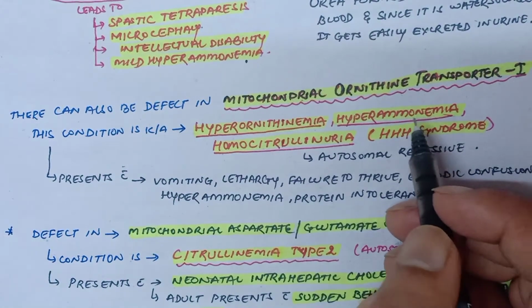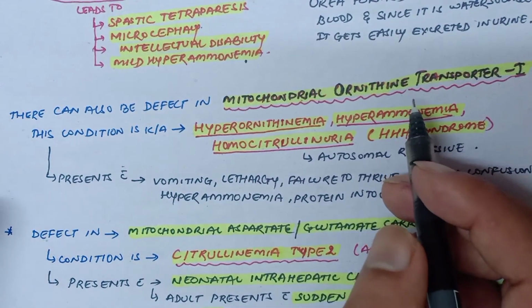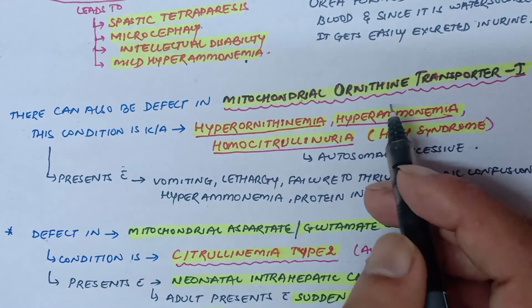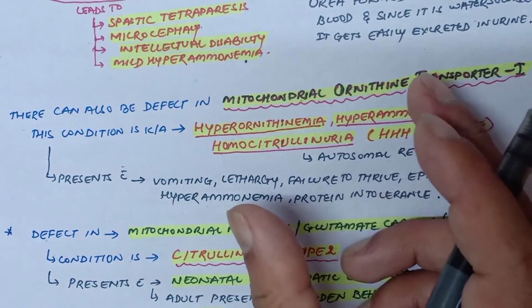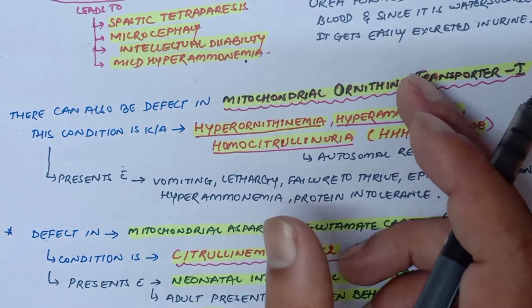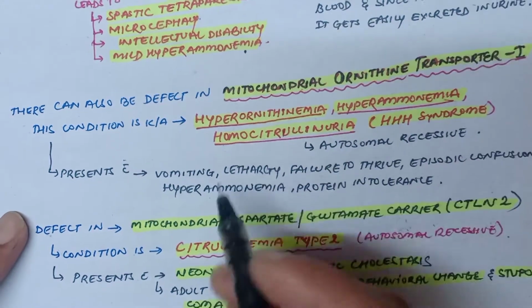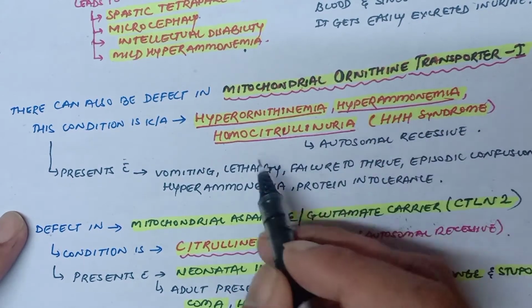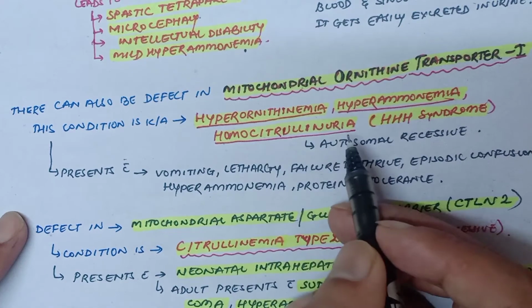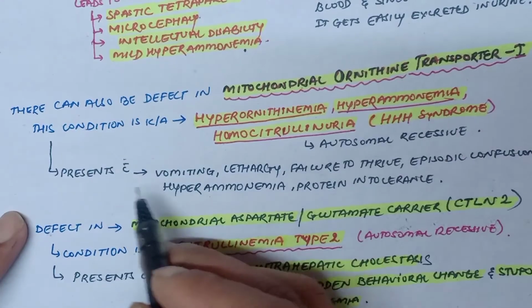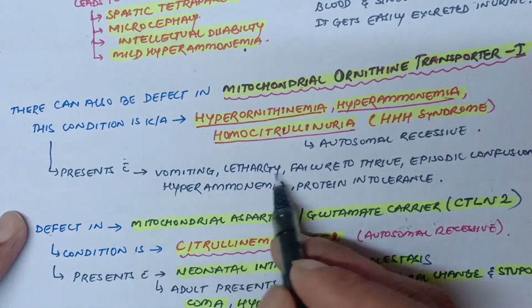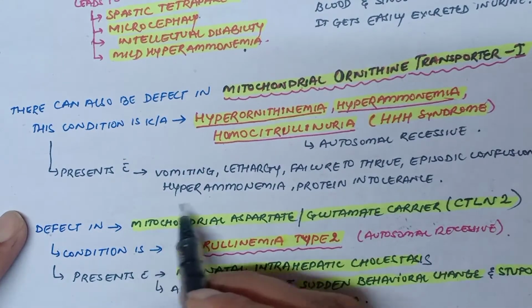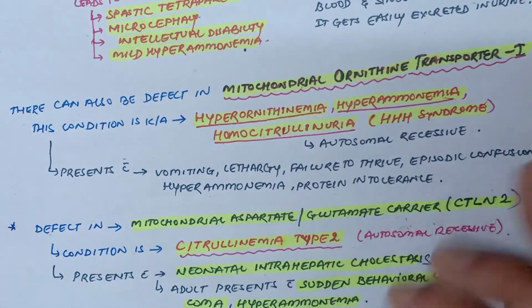So we saw that all the defects in the urea cycle were autosomal recessive disorders except ornithine transcarbamylase deficiency, which was an X-linked disorder. Now this HHH syndrome will present with vomiting, lethargy, failure to thrive, episodic confusion, hyperammonemia and protein intolerance.